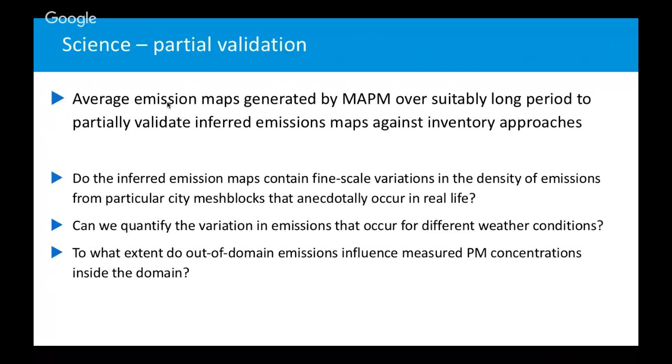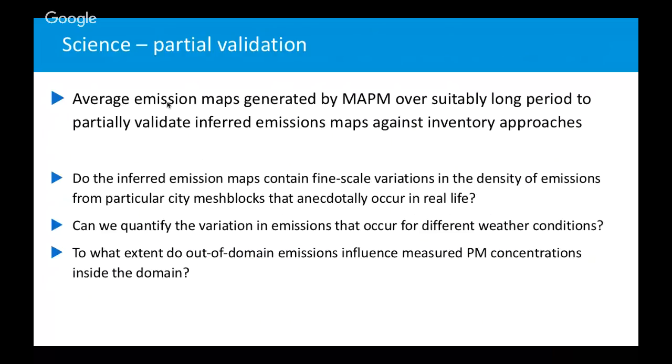And then we're trying to get at the validation of this. We have these bottom-up emissions inventories, but how good are they? And what value are the retrieved maps adding? If we average the emissions maps that we get from the system over a long enough time, to get rid of the small scale features, then we should have something comparable to an emissions inventory.